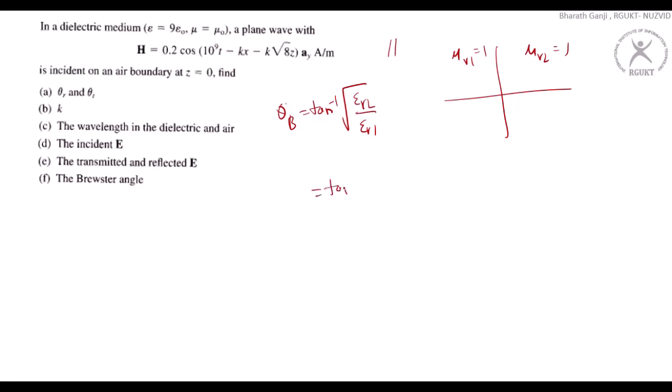That is tan inverse of the square root of 1 divided by 9, so it is tan inverse of 1 by 3, and the angle is 18.43 degrees.